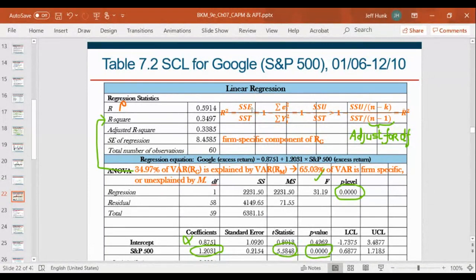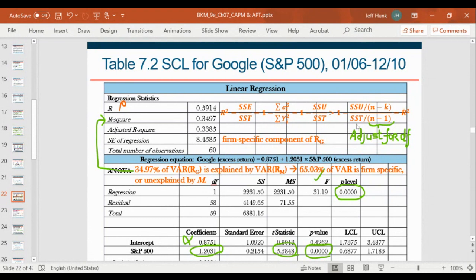So if R squared is the ratio of explained sum of squares over total sum of squares, then 1 minus unexplained sum of squares over total sum of squares is the same thing as R squared, right?